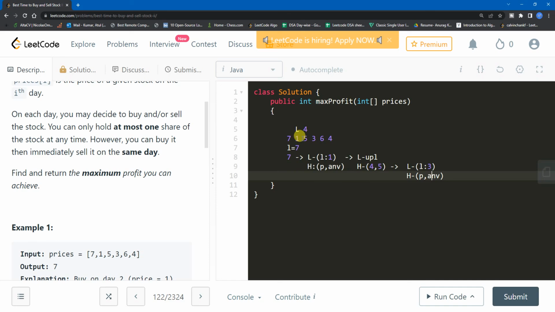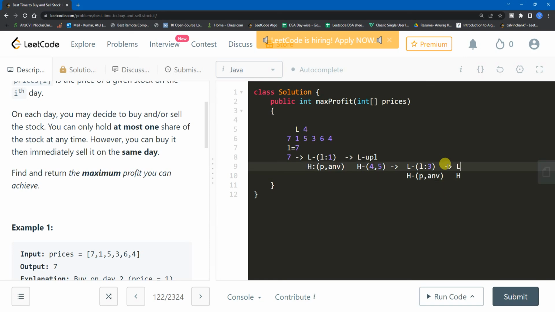So you reached this. You go for the first part, that is the lesser value, so we will go from there. And for 3, the next value may be lesser than 3, and maybe it is higher than 3.